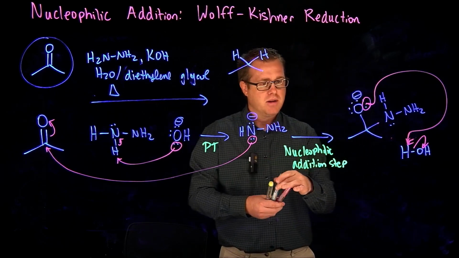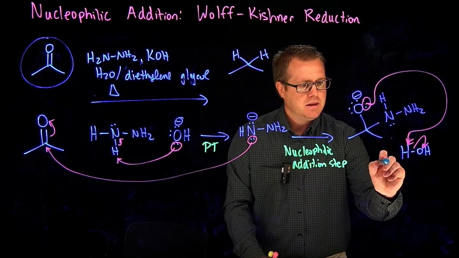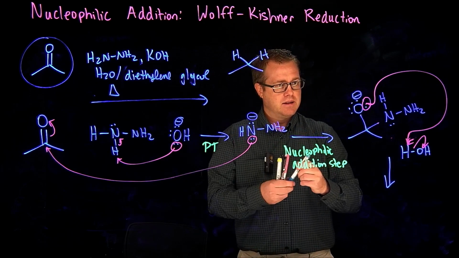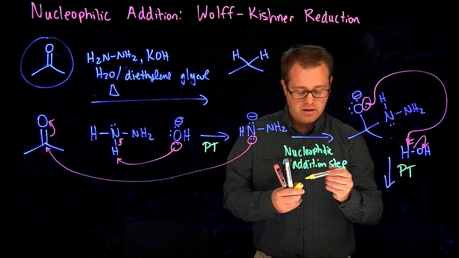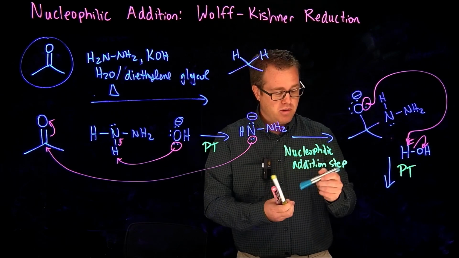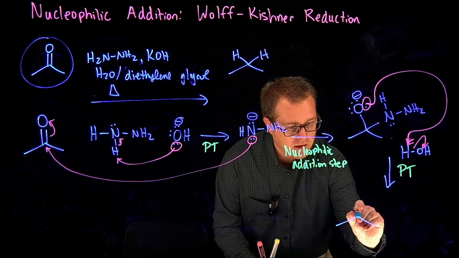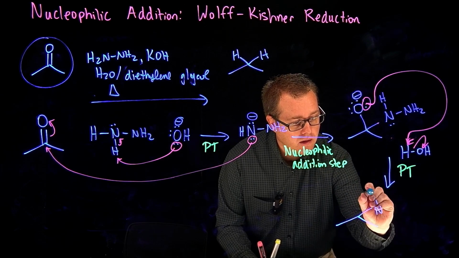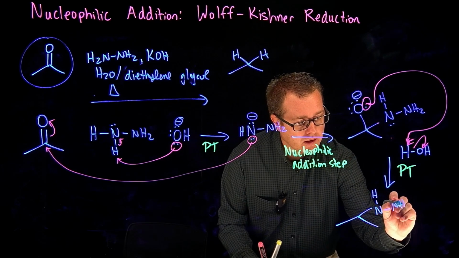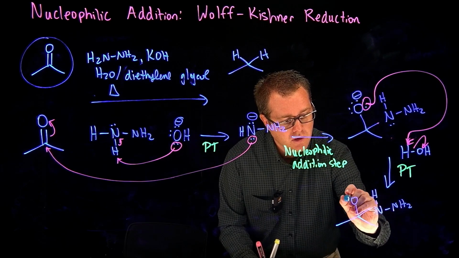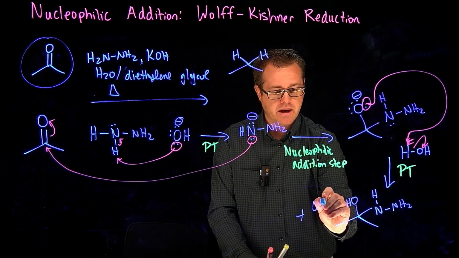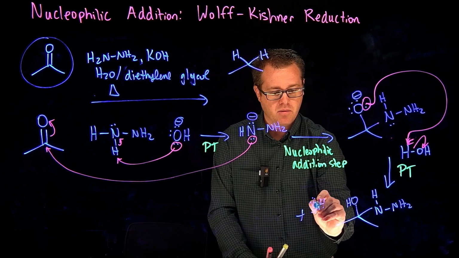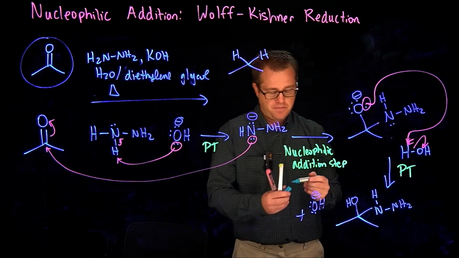But don't go through bonds like that. And so that is another proton transfer step. So we're going to protonate this guy. H2. And then we regenerated some more hydroxide when we deprotonated the water.